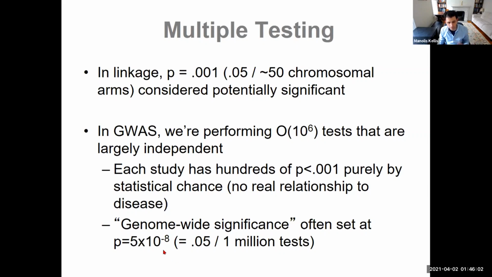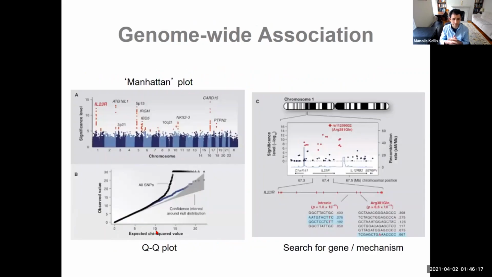Let's do a back of the envelope calculation: 0.05 divided by a million tests. Well, that's 5 times 10 to the minus 8. And that's how this number came about. And it turns out that number was actually quite accurate after a lot of revisiting later on. Okay. So we've talked about Manhattan plots. We've talked about QQ plots. And the next thing is fine mapping. Okay.